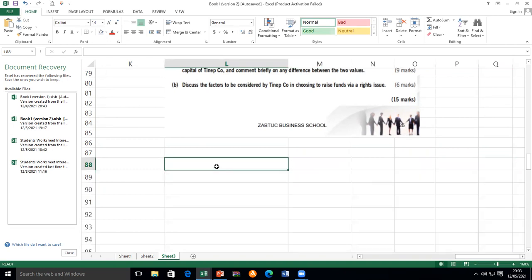Let's start. Cost of equity equals risk-free plus beta minus premium. What is a risk-free?